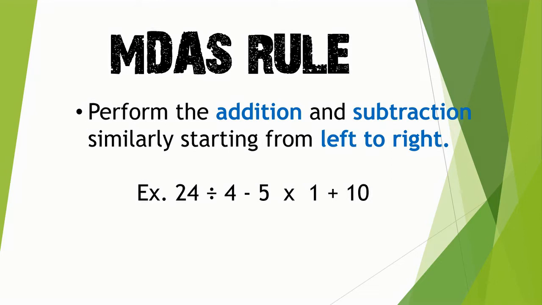So mauuna si subtraction kasi siyang nauna doon sa left. So, gawin natin yung sagot kanina ng 24 divided by 4, isubtract natin sa 5. Tapos, yung sagot ng 5 times 1, i-add natin sa 10. Ganun yun. Naintindihan? Okay, gawin natin isa-isa.